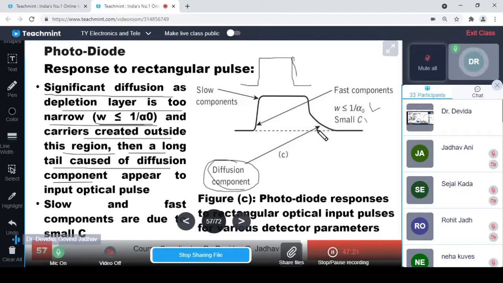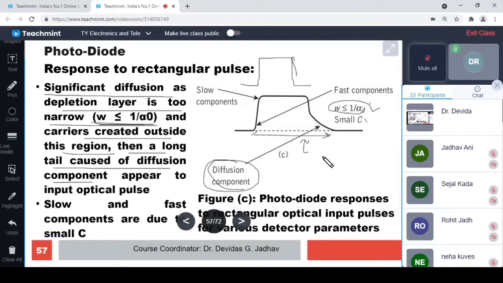Okay. Slow and fast components are due to the capacitance, and due to this condition W less than or equal to 1 upon alpha 0, the diffusion component and diffusion tail are created. Then the pulse duration tau becomes very large, and that's why it reduces the data rate to a much lower value.